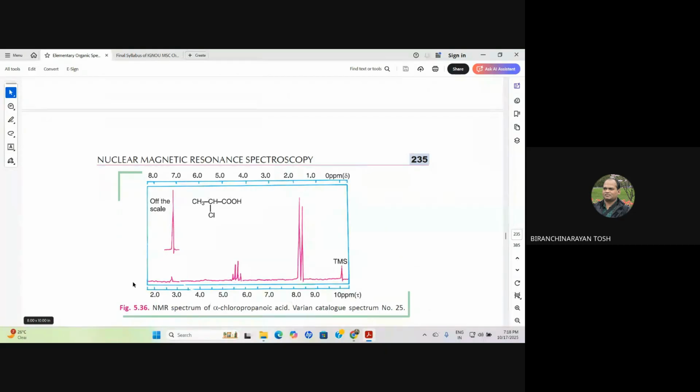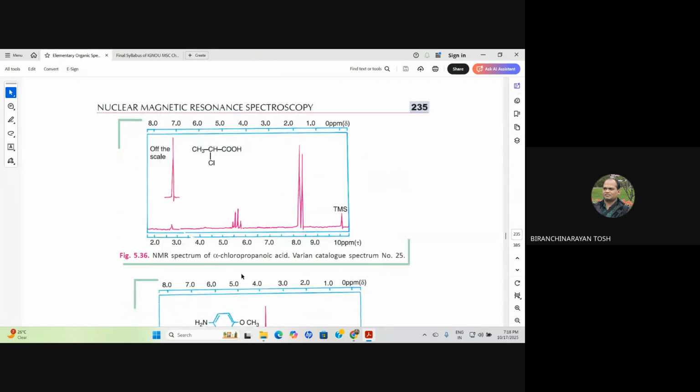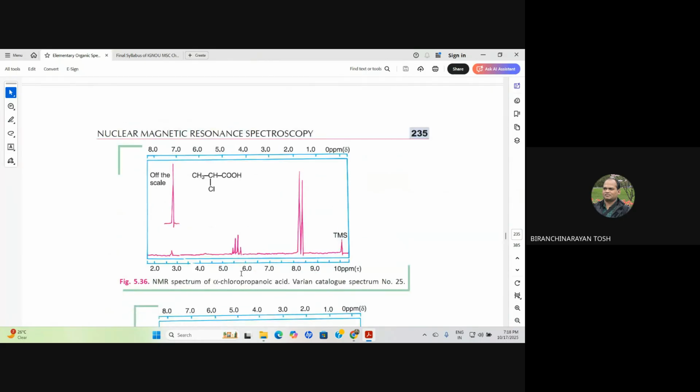Then one proton quartet, with 3 protons in the neighbor, so 3 plus 1, 4, around 5.5, and a 3 proton doublet around 8.25.